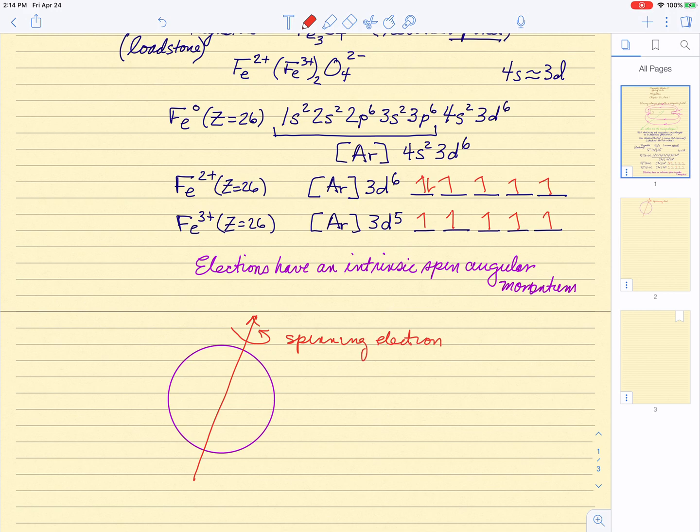Now that actually turns out to be very false, right? Very false. And so most, at least introductory chemistry books that picture this spinning electron, try to put that baggage out of your mind, because that is not what's happening. But there is an associated angular momentum.